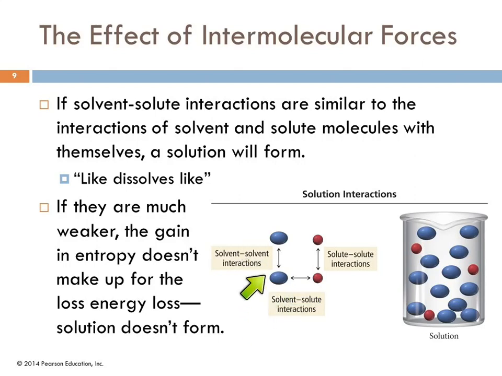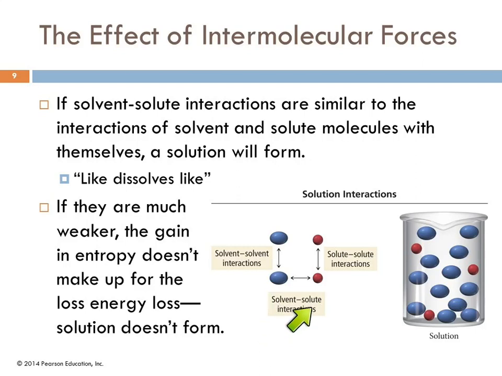Because in order for the solution to form, the solvent molecules need to spread out and allow the solute in. That means that those interactions need to be broken. And in order for the solute to dissolve, the solute-solute interactions have to be broken.